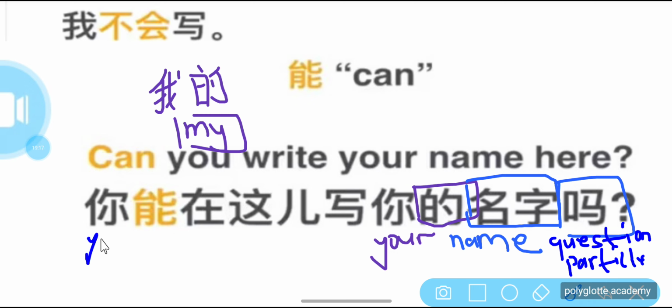That is you. You can write. And your name, question particle. Since the sentence is a question, we have can you write your name?